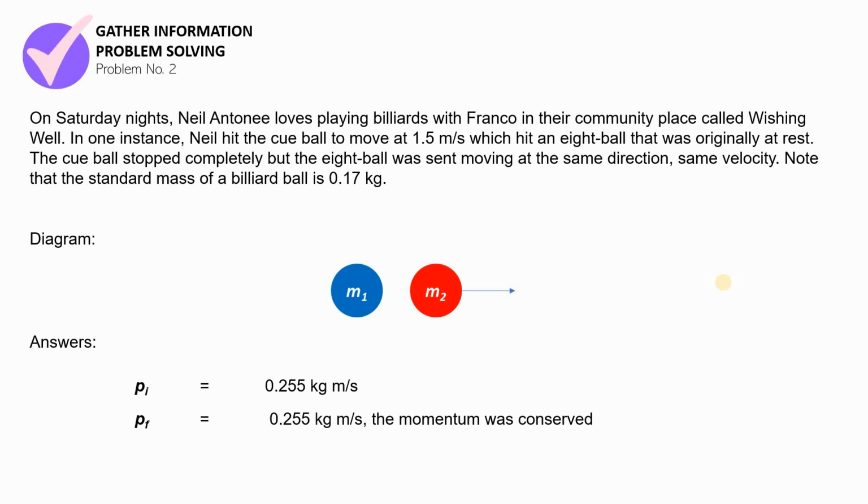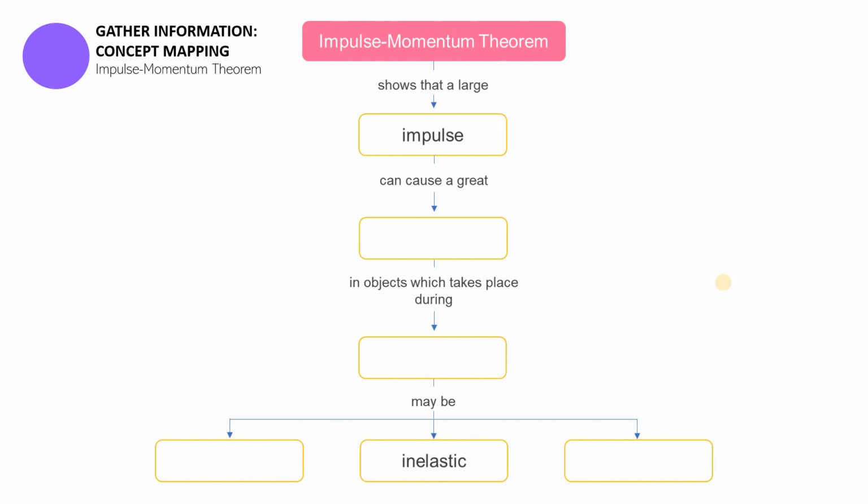Let's now proceed to the last part of this session, concept mapping on the impulse momentum theorem. In this concept map, you start with the theorem, and it shows that a large impulse can cause a great blank in objects, which takes place during blank, which may be blank, inelastic, and blank. Take your time to complete this concept map.